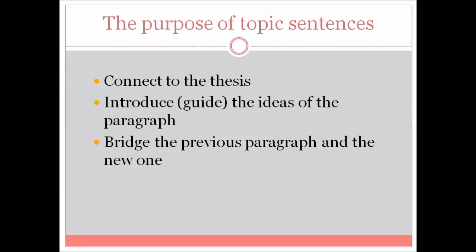Next, the most important thing that the topic sentence does, it introduces and guides the main idea of that paragraph. The rest of the paragraph will support it, give evidence for it, and so on. And then one more thing that the topic sentence might be able to do is create a logical bridge between what just came before, the previous paragraph. And that can be as simple as a transitional word or phrase.